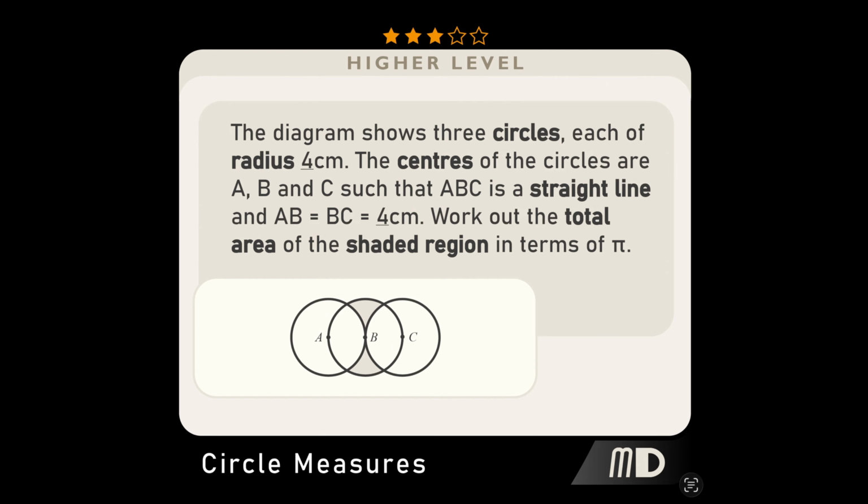To finish, the shaded area is the difference between the area of the circle and sum of 4 segments, which we can subtract to find in terms of pi.